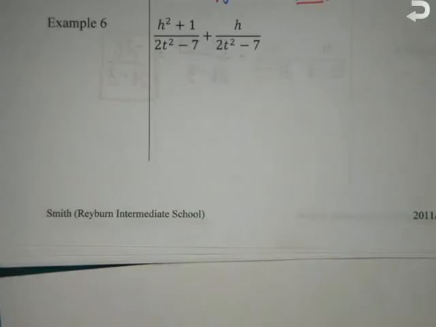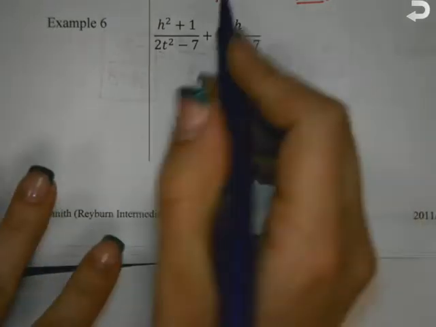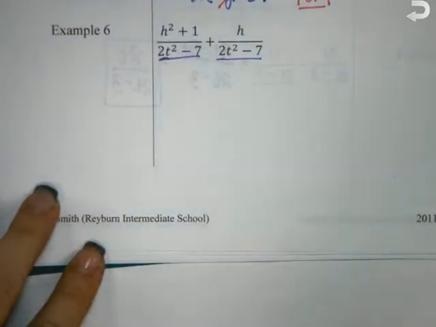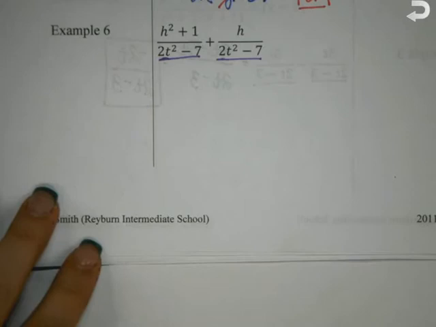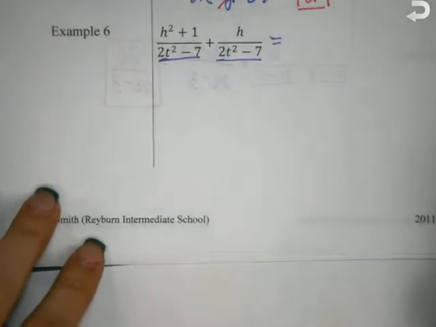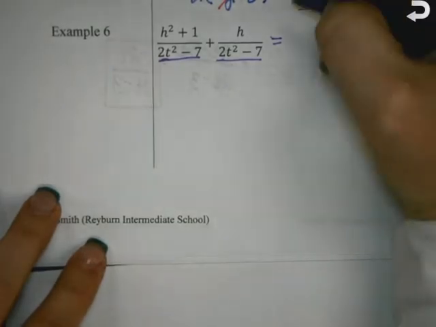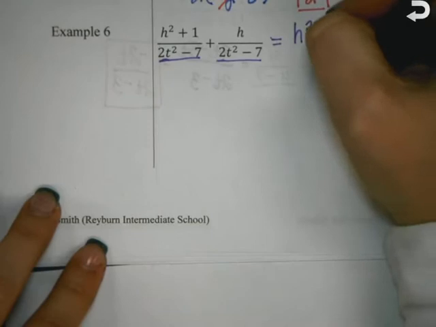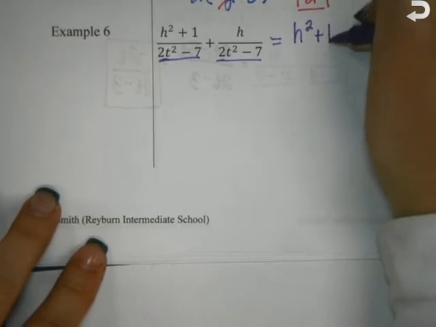Yes, I do. So I'm going to rewrite the whole thing over a common denominator. So that's going to be h squared plus 1 plus h all over 2t squared minus 7. Very good.